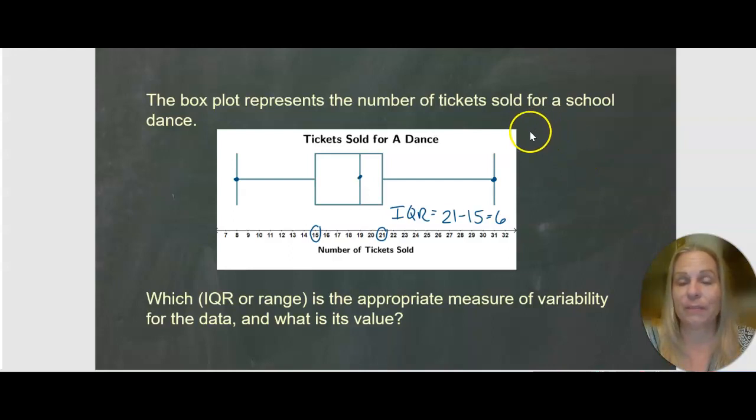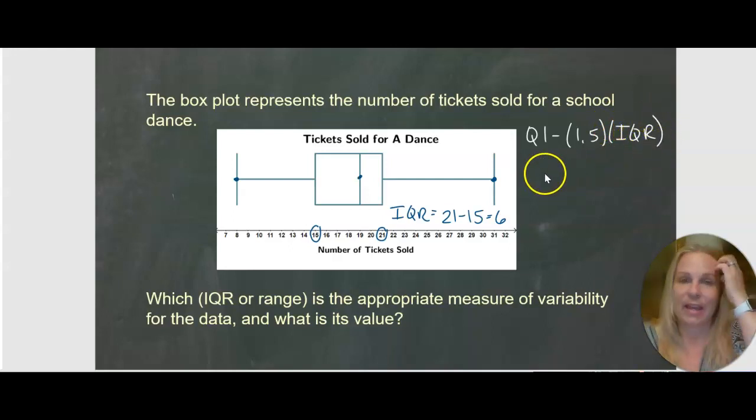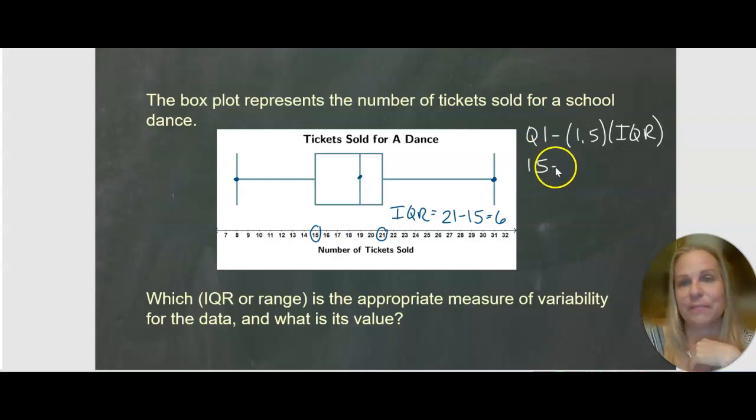So we're going to do Q1 minus 1.5 times the IQR. And that is going to be 15 minus 1.5 times 6. And that's 15 minus 9. And that is 6.